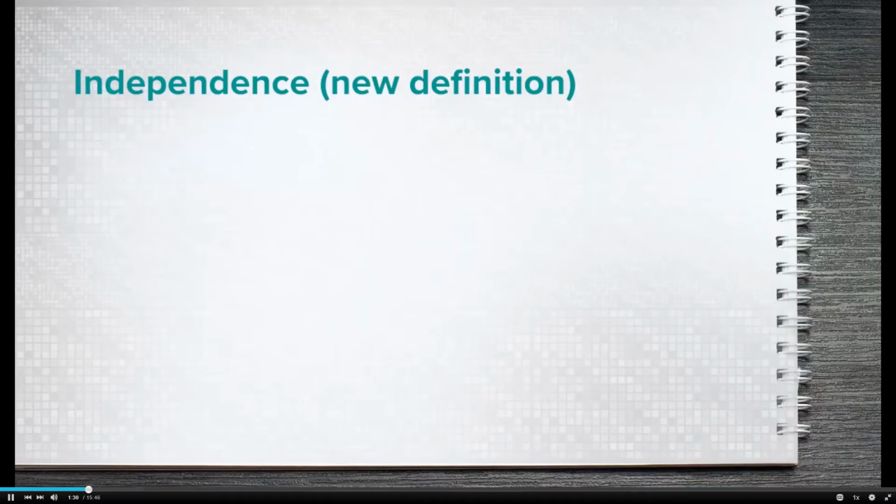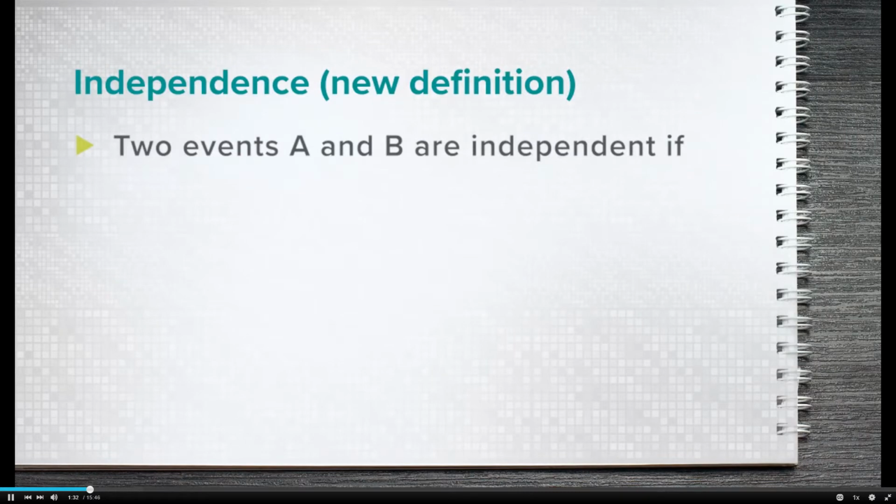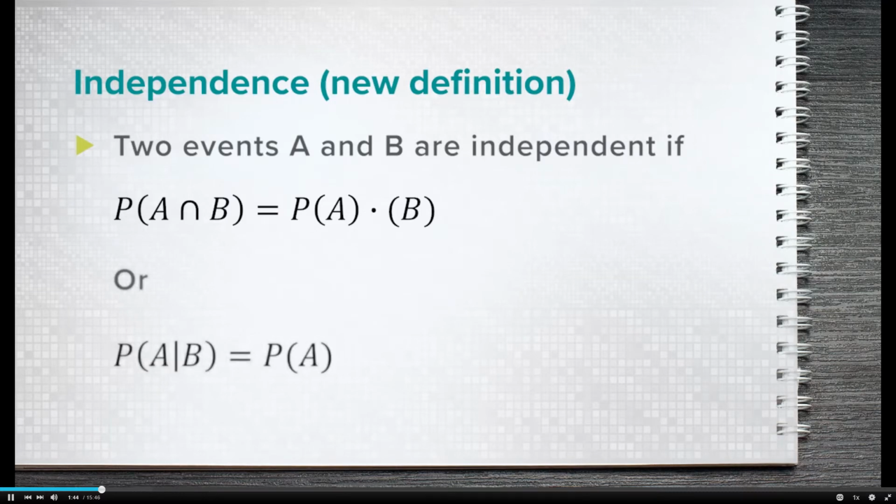So here's our new definition of independence. Two events, A and B, are independent if and only if the probability of A and B equals the probability of A times the probability of B. Or the probability of A given B equals the probability of A.